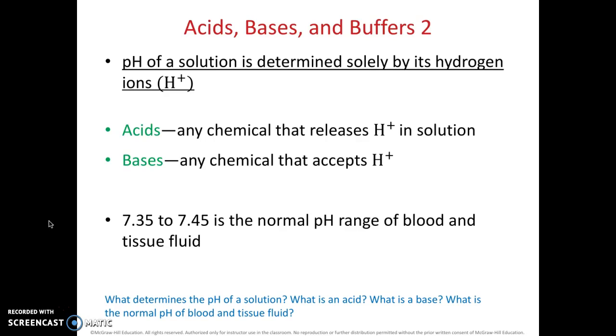The normal pH range of blood and tissue fluid is a little bit above neutral, at about 7.35 to 7.45. I know this sounds slight because it's only 0.10 of a range and it's pretty narrow, but the body really needs to stay within that small window.